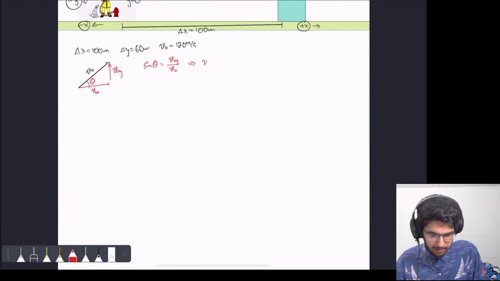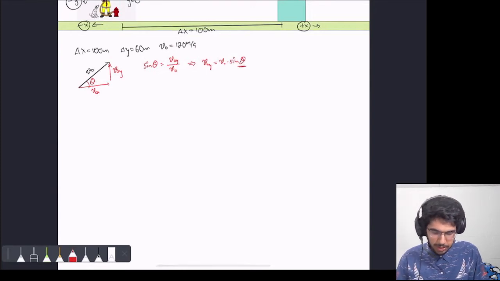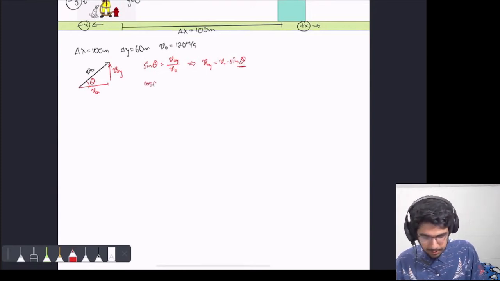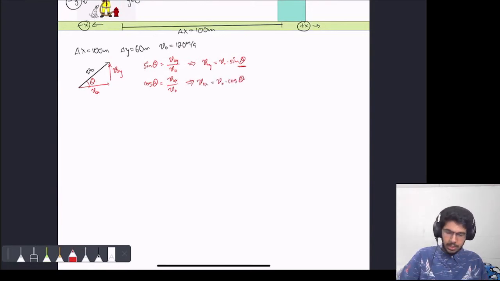So that tells us v naught y equals v naught times sine of theta. Similarly, if we take the cosine of theta, we get, with x's now, that v naught x equals v naught times cosine of theta. Cool.